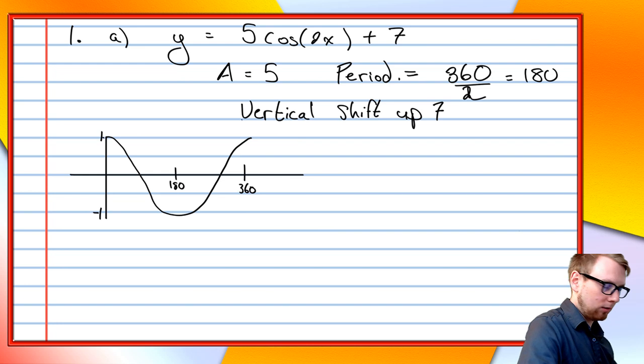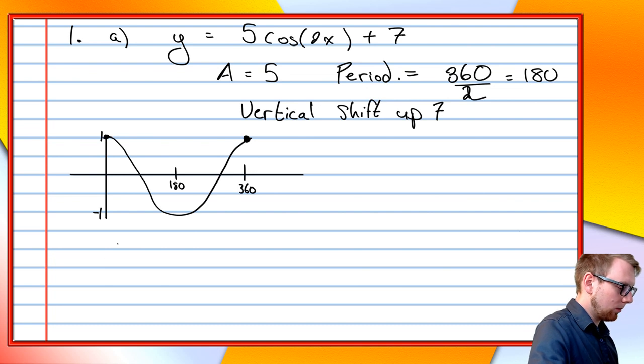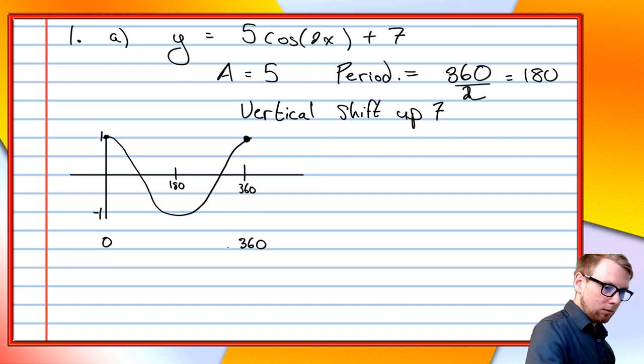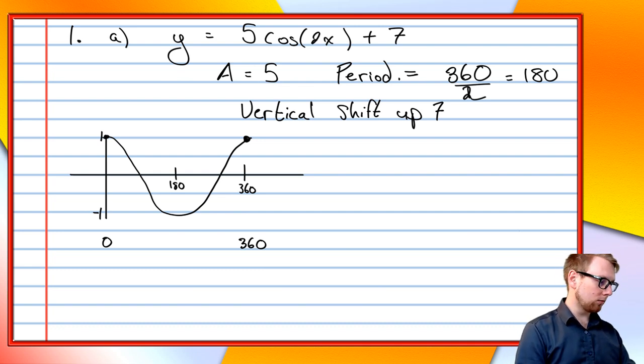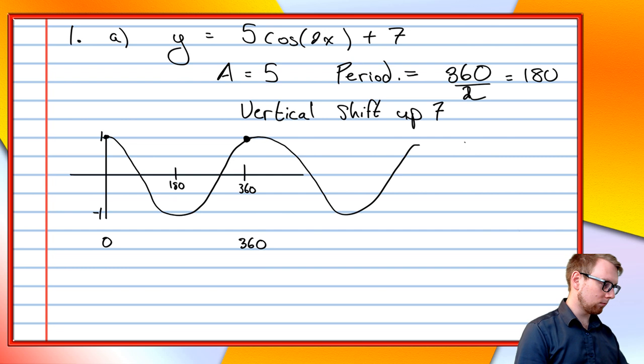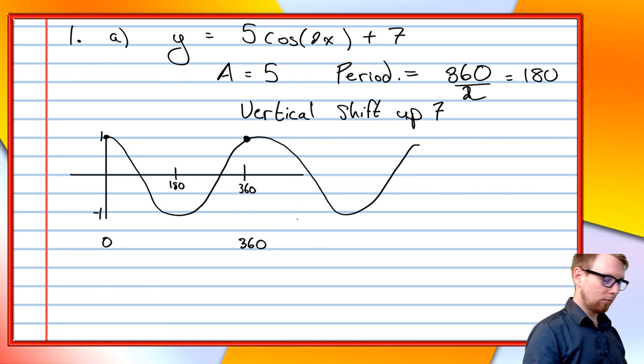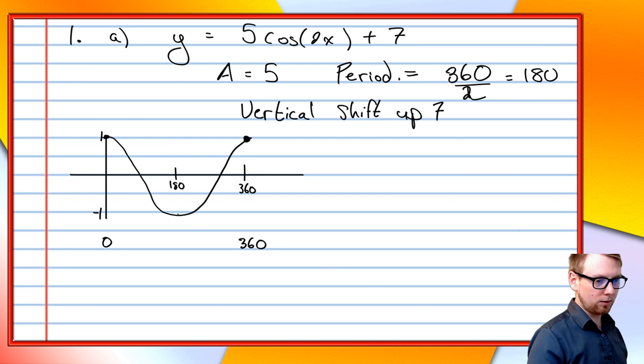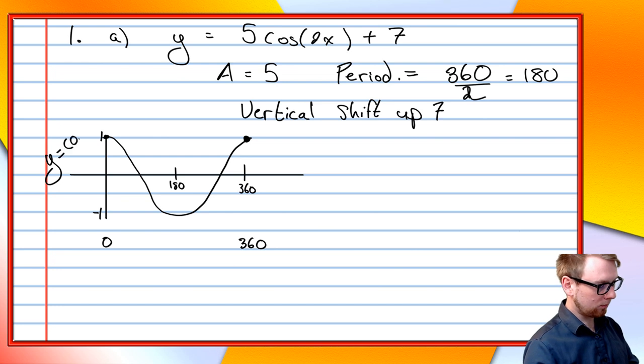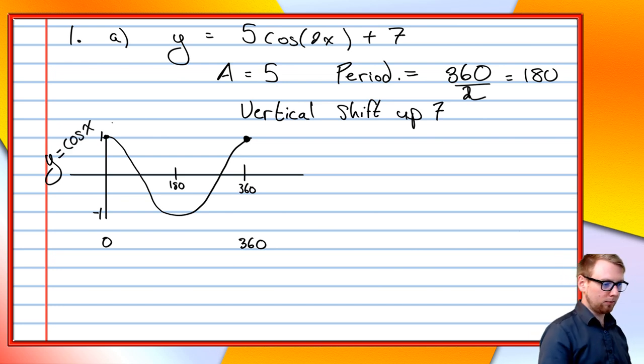Kind of a regular sketch. This is cosine from 0 to 360. Goes from 1 to -1, and that's all it is. If we went further to like 720 degrees, then it would become periodic. It would do it again, right? If we went further, it would go down, same thing. But we only need to go between 0 and 360, so this is y equals cos x. Okay, our base function.